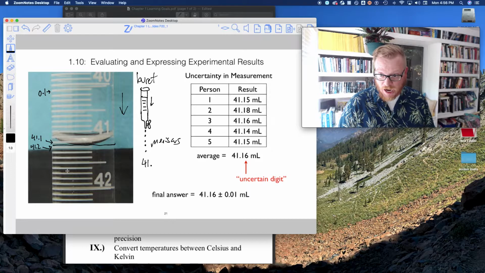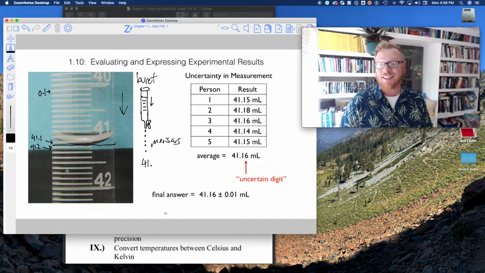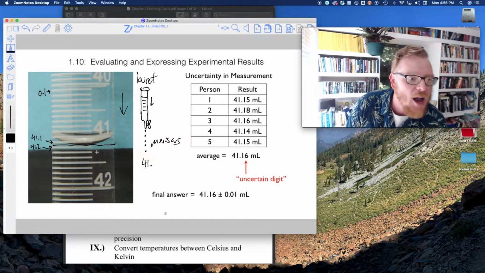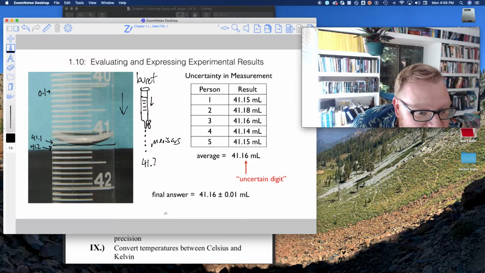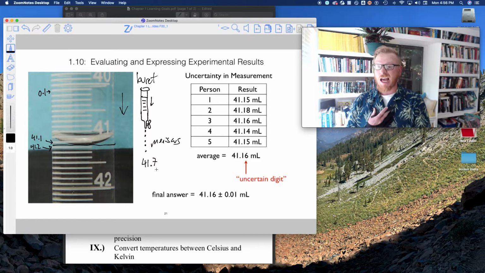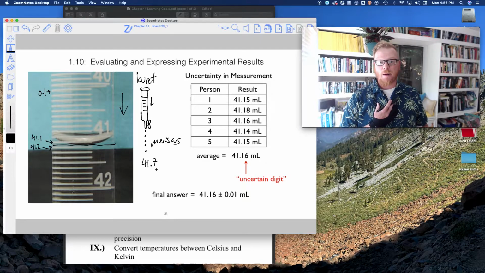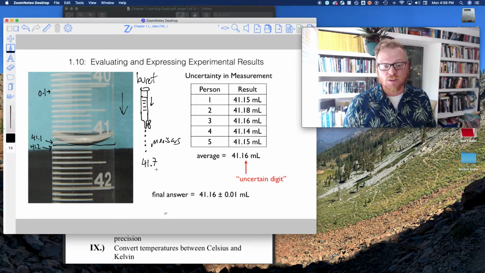It's your job as the experimentalist to estimate what it is to the best of your ability. Okay? So if I were looking at this, where the meniscus is, I would say it's maybe closer to the 41.2 mark. So I might guess maybe 41.17. That's my guess, right? But there's no right or wrong answer because it's what we're estimating.